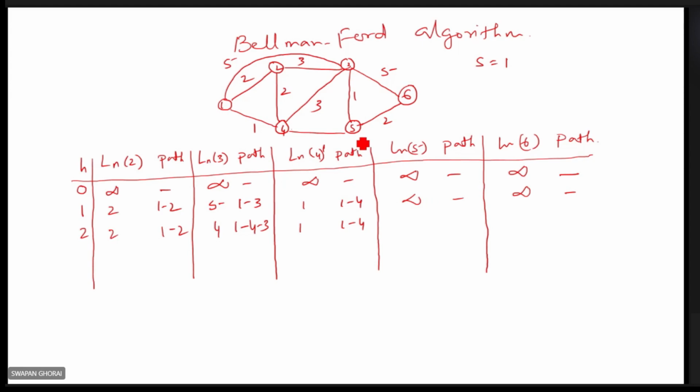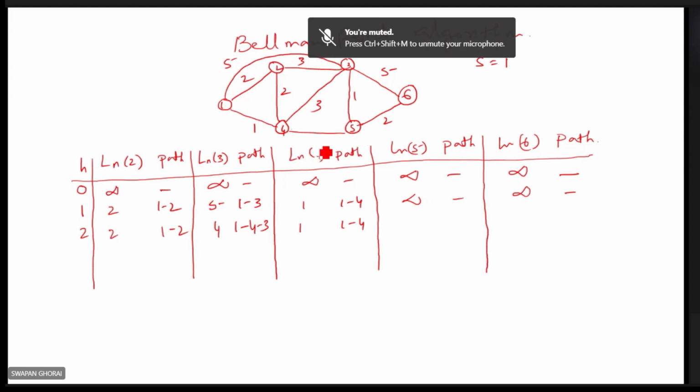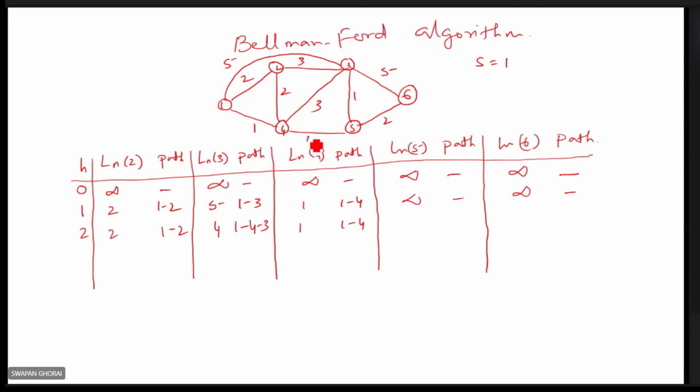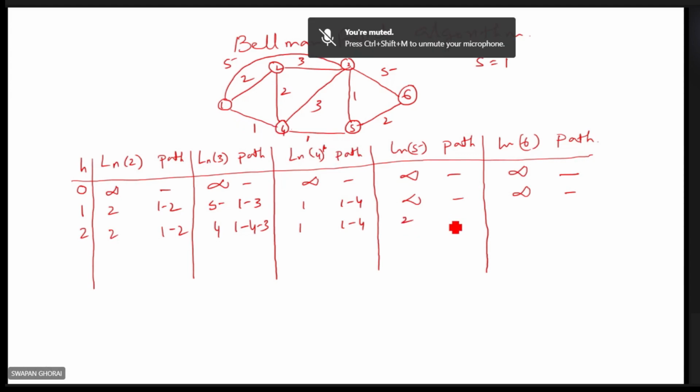Now 1 to 5, you consider 2 hops, so the cost of this path is 2. Here it is 1, so obviously this is the minimum cost path. So 1, 4, 5.